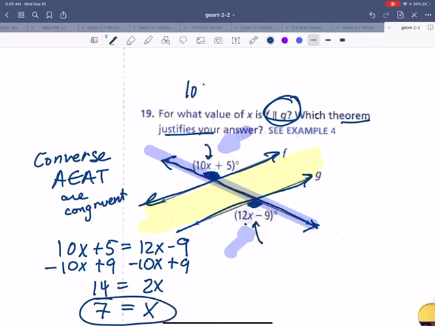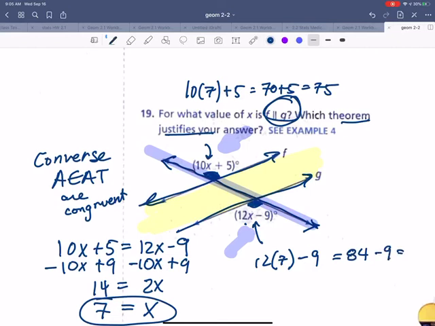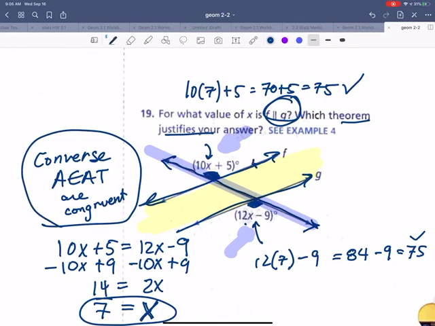So 10 times 7 plus 5 is 70 plus 5, 75. And 12 times 7 is 84, minus 9 would be 75. Okay, yep, so they are congruent and x would lock these parallel lines into place.